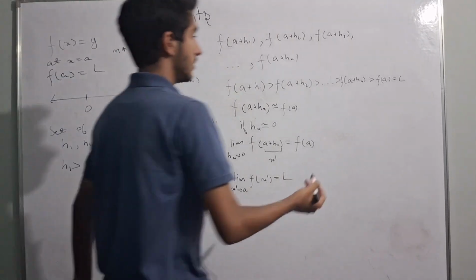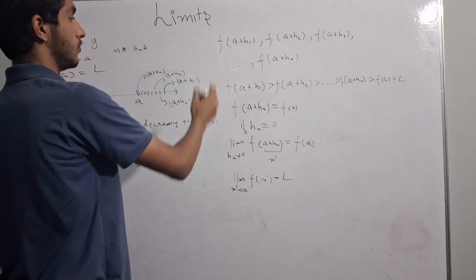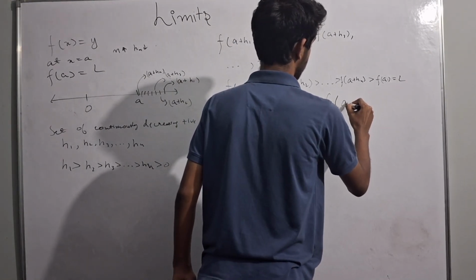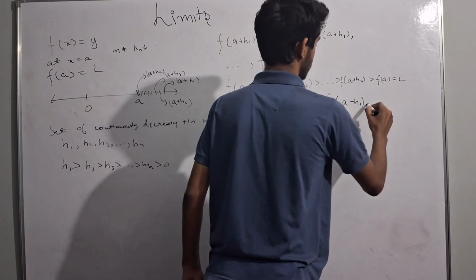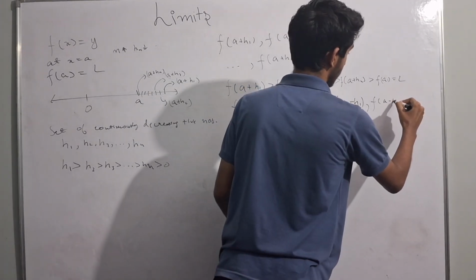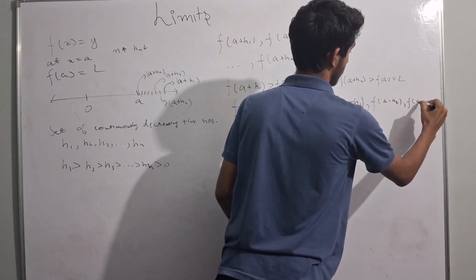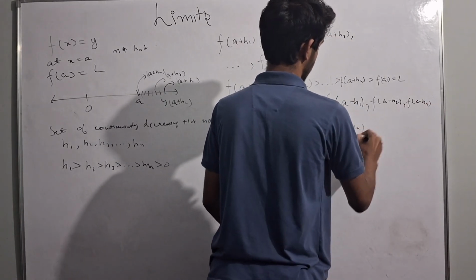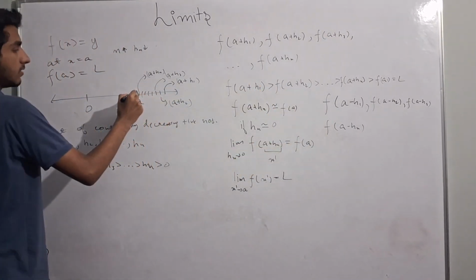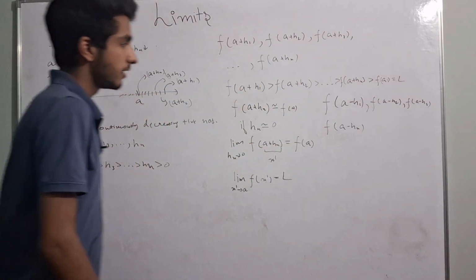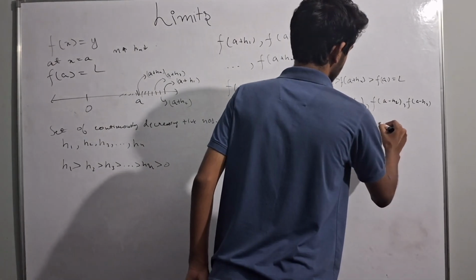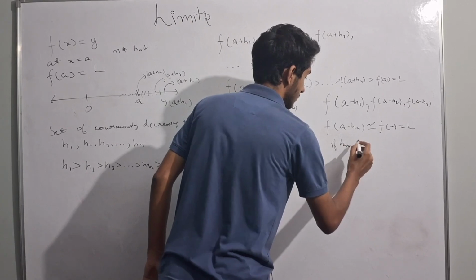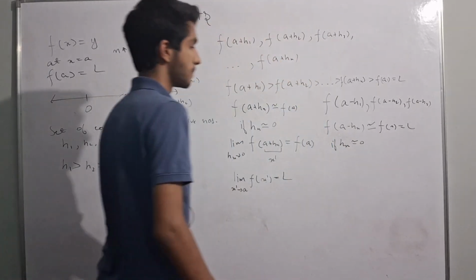So similarly from these equations, I can also rewrite it as function of a minus h1, function of a minus h2, function of a minus h3, so on up to function of a minus hn. And basically this will be on the other side of a, and this will approach function of a which is equal to L if hn is nearly equal to 0.